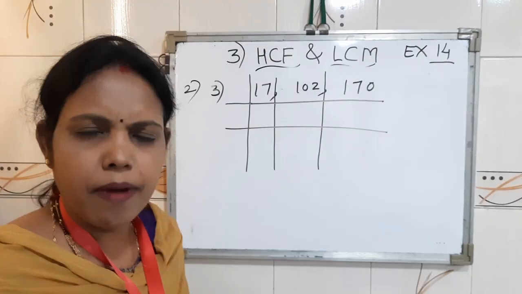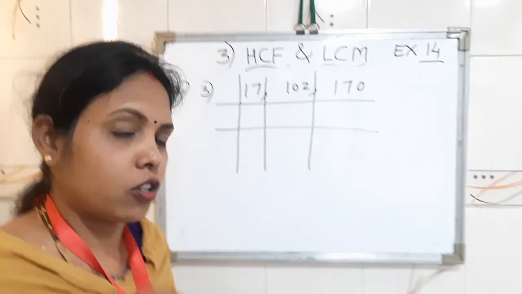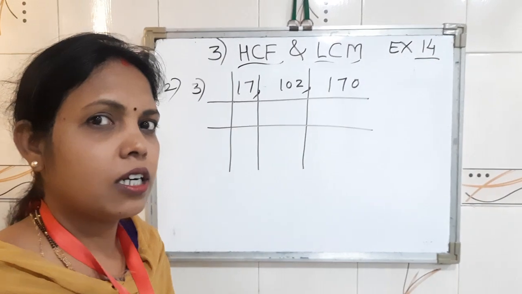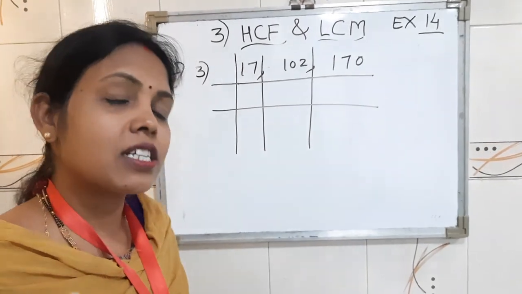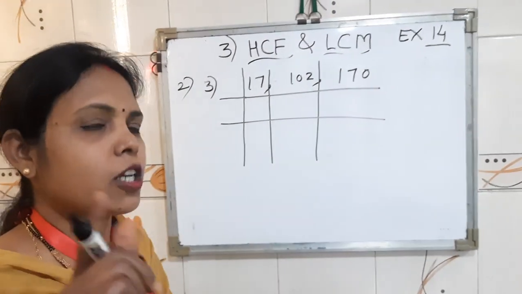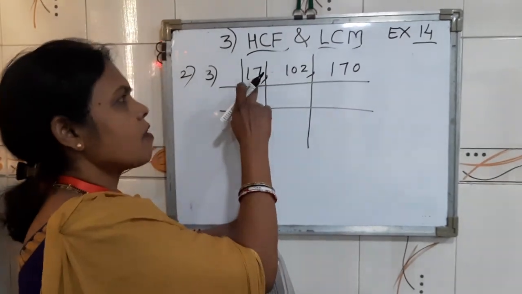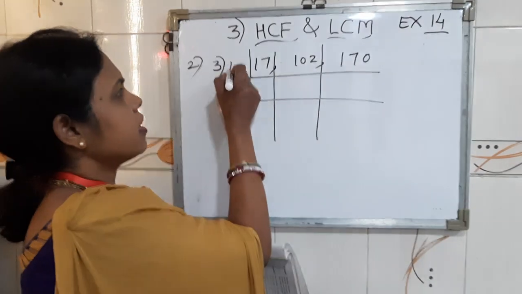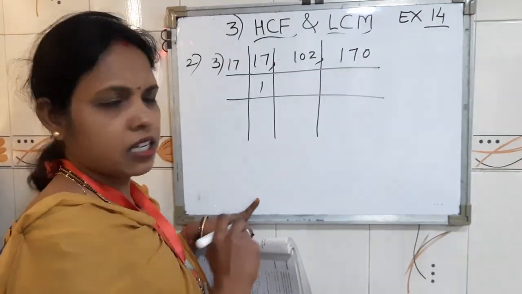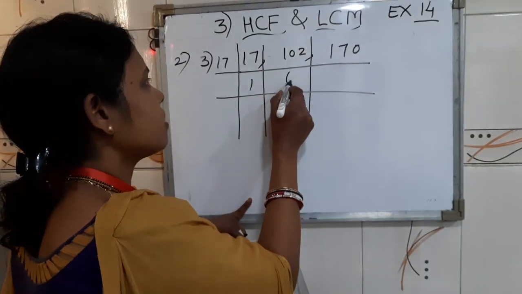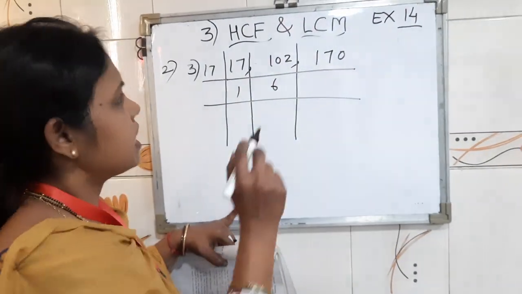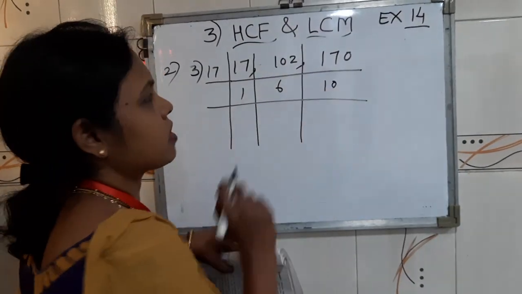For 17, 102 and 170, if you remember the tables, if you did not forget them in the lockdown, if you were continuously studying, then maybe you remember the table. In the table of 17, we get 17, 1 17s are 17, 6 17s are 102, 10 17s are 170.